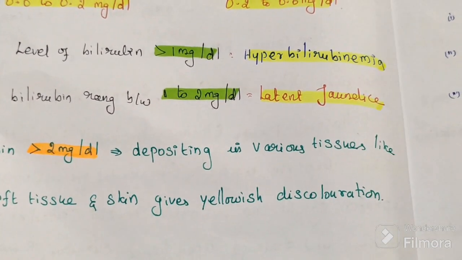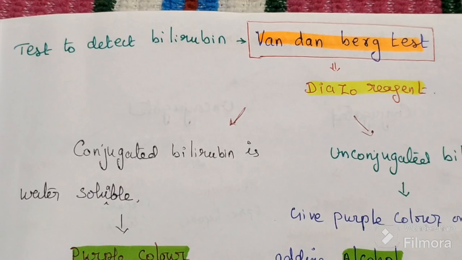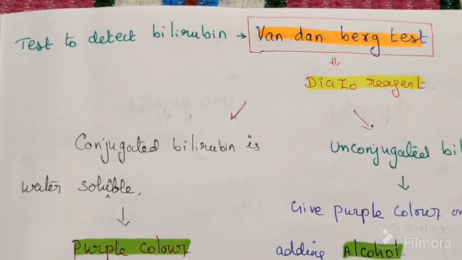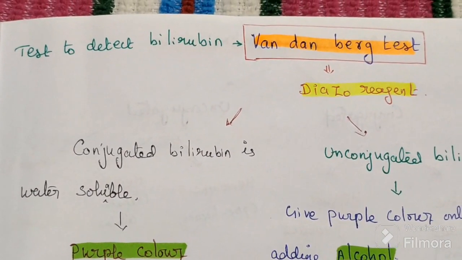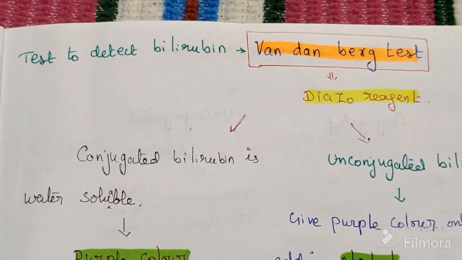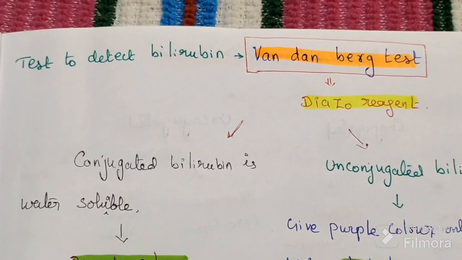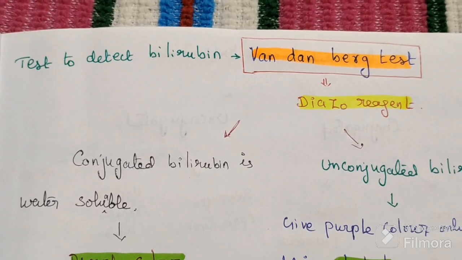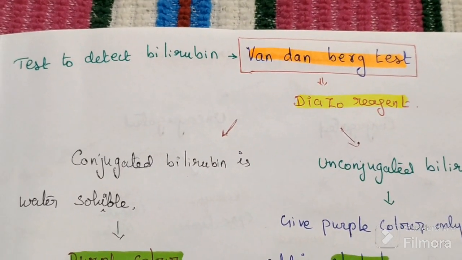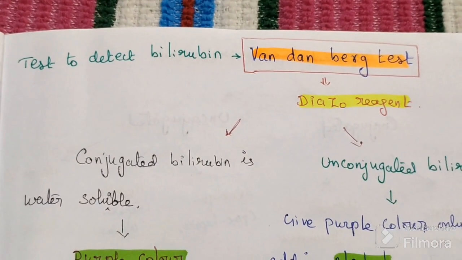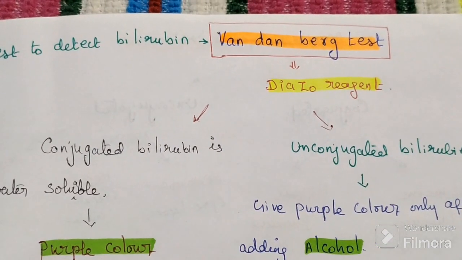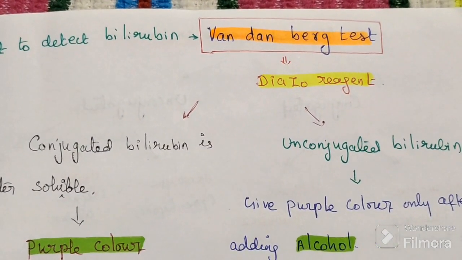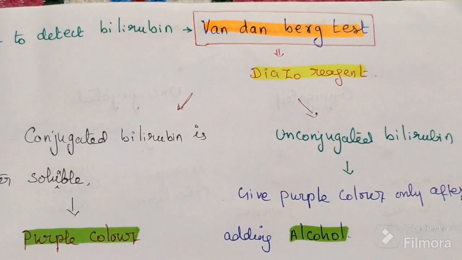It gives a yellowish discoloration of the skin and sclera, because bilirubin is a yellow pigment. That is hyperbilirubinemia.